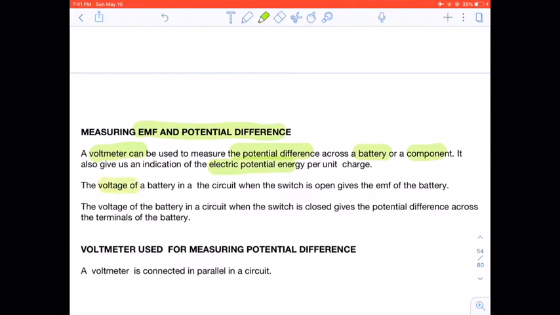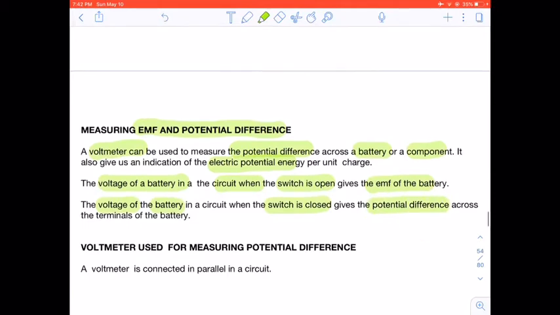Now, the voltage of a battery in a circuit when the switch is open gives the EMF of the battery. The voltage of the battery when the switch is closed gives us an indication of the potential difference of the battery.